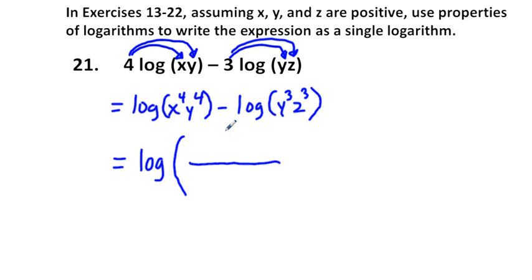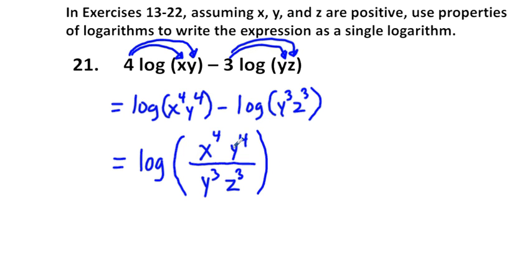We're going to have x to the 4th power, y to the 4th power, over y to the 3rd power, z to the 3rd power. Okay, and then we'll see if we can do any simplification here.